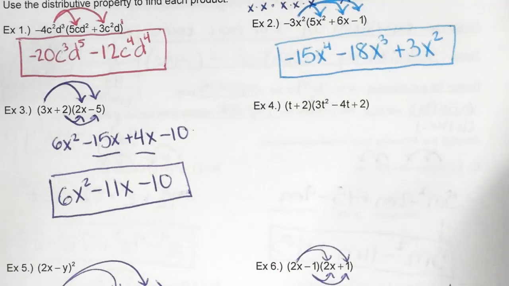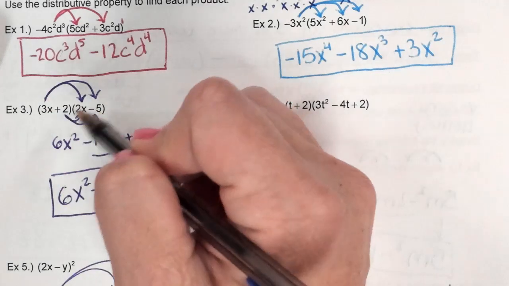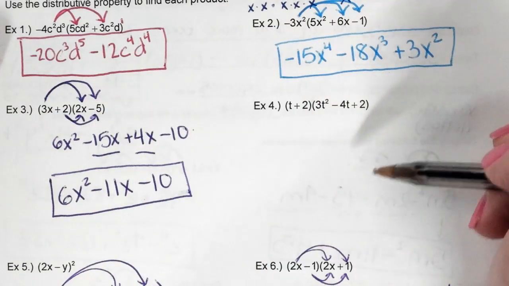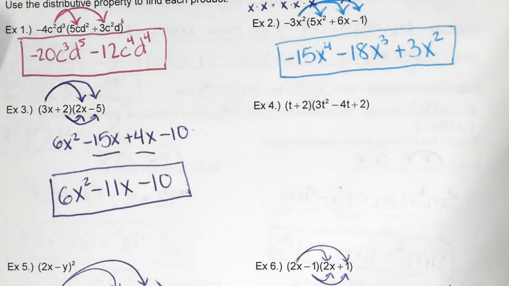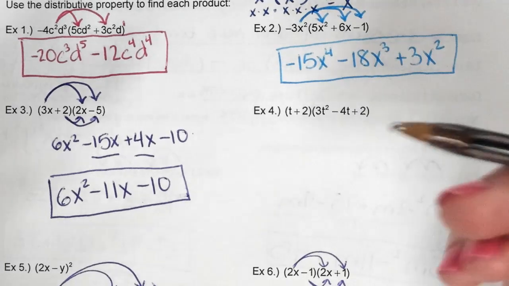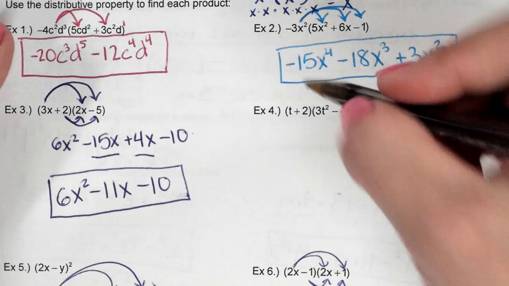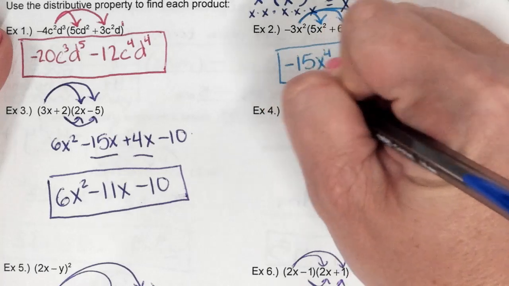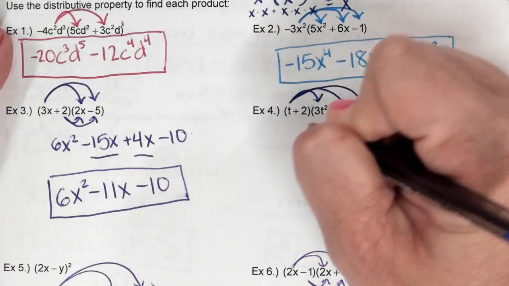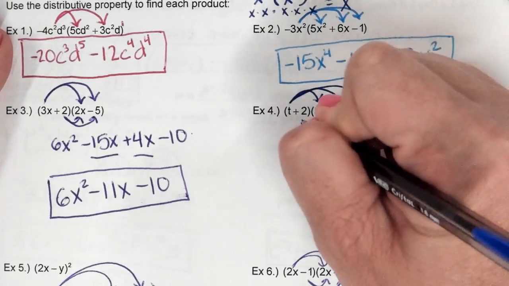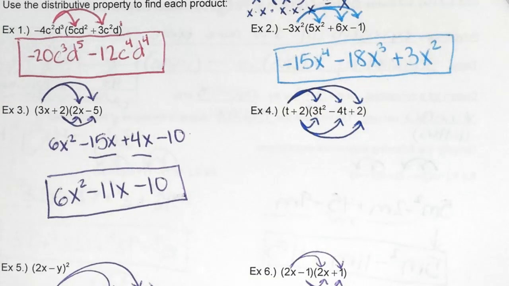Y'all, all that means is that we're going to multiply an extra arrow each time. So instead of having 2 arrows, guess what we're going to have? 3 arrows, and multiply 6 times. You're exactly right. So we're not going to do this one because it's the exact same thing. You just multiply an extra time. So it would be like t times this, times this, times this, and then 2 times this, times this, times this. Pretty simple, yes? Nothing crazy.